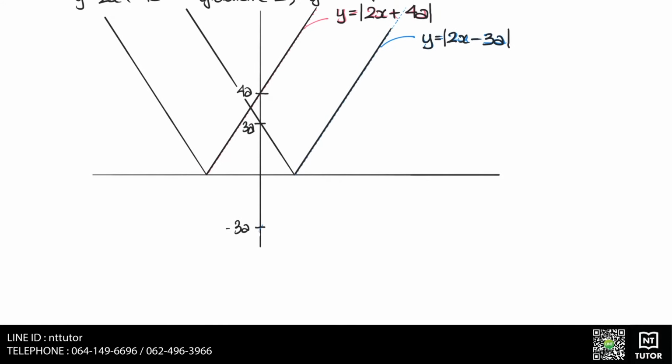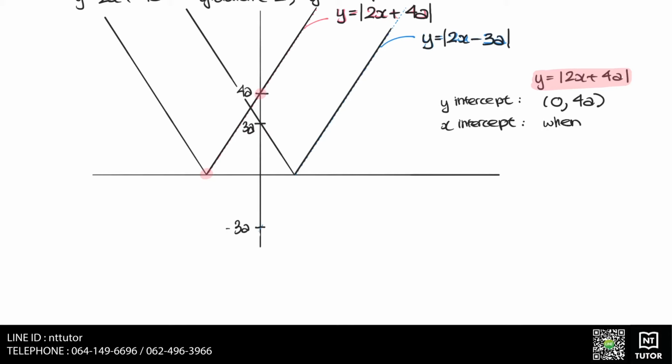For the graph of y equals the modulus of 2x plus 4a, it meets the axis here and here. For the y-intercept, we can already tell from the equation that it meets the y-axis at 4a. For the x-intercept, however, we need to work that out, and the x-intercept is when y equals 0.